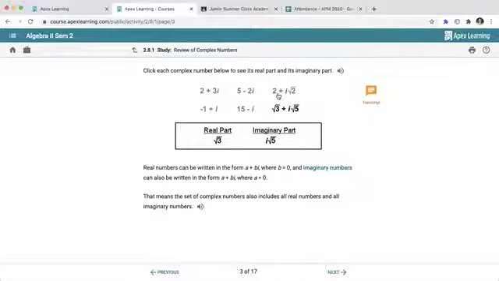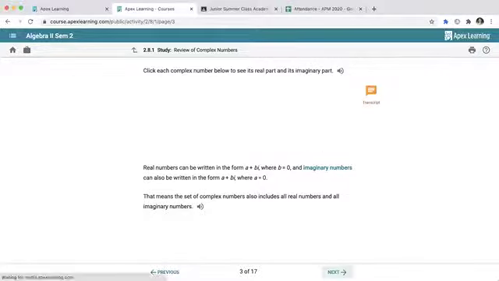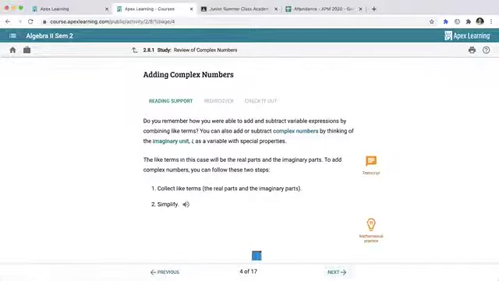So that means that complex numbers include all real numbers, all imaginary numbers, and then obviously the things that we're more familiar with, this A plus BI form. Everything is technically a complex number.